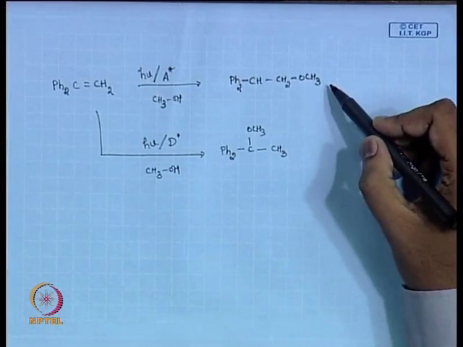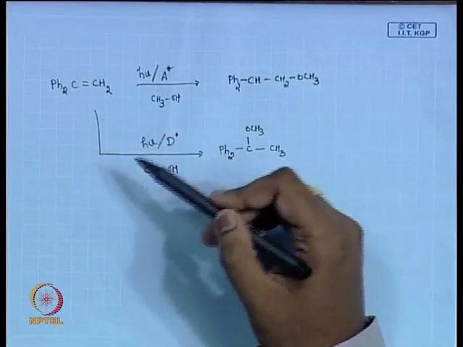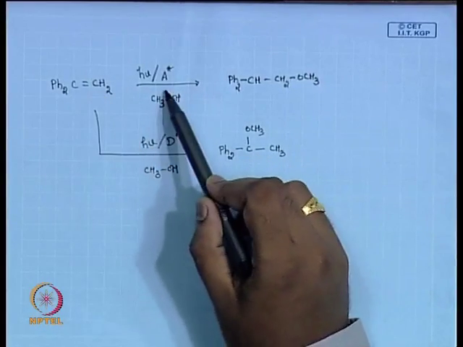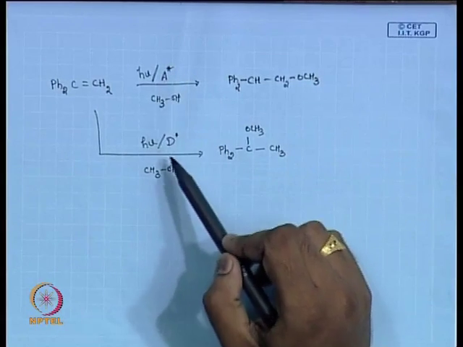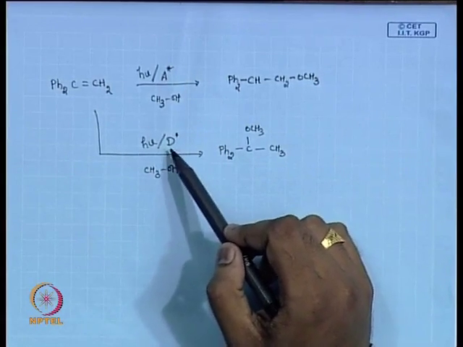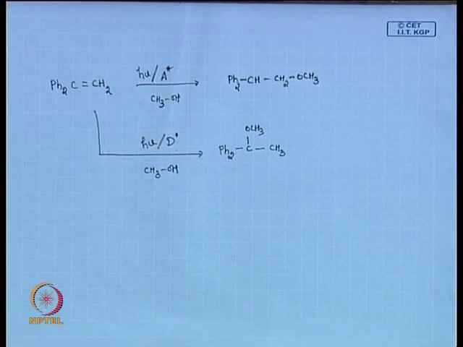This is a type of anti-Markovnikov, and this becomes a type of Markovnikov. See, the chemistry is the same. I am taking the same substrate, photolysing in methanol, but in this case I used 9-cyanoanthracene. In this case I have used 9-methoxyanthracene. So, the whole reaction has been completely changed. We will see the mechanism of how it works.